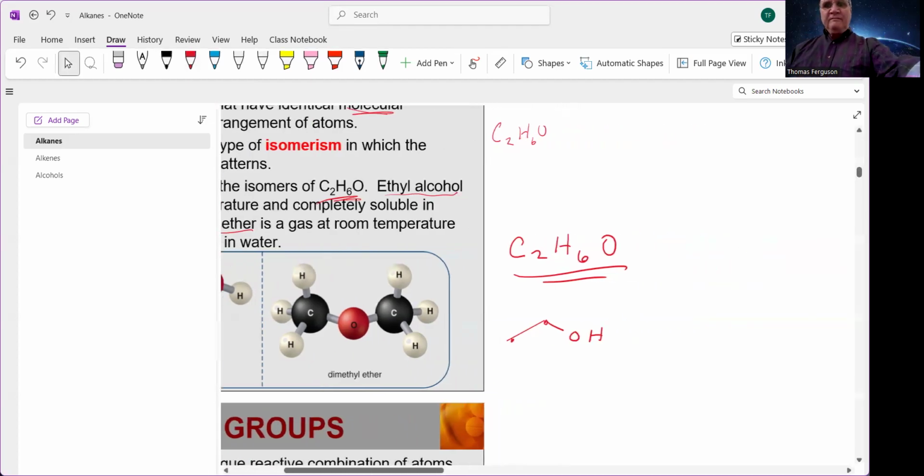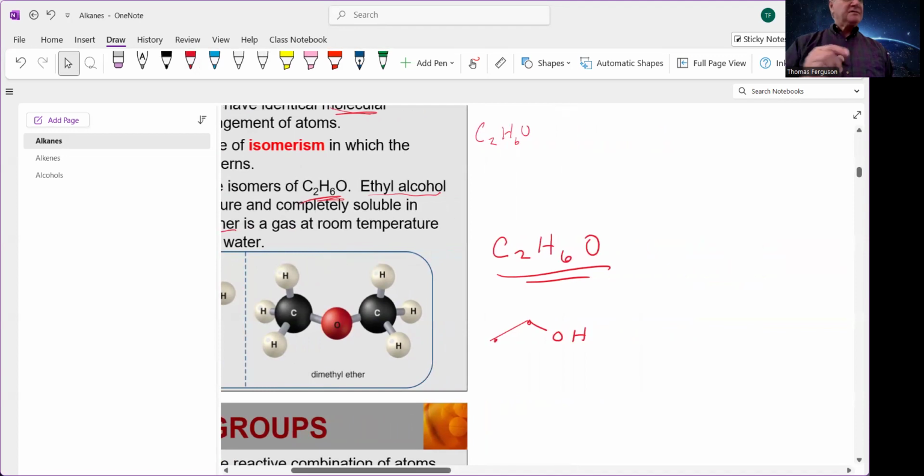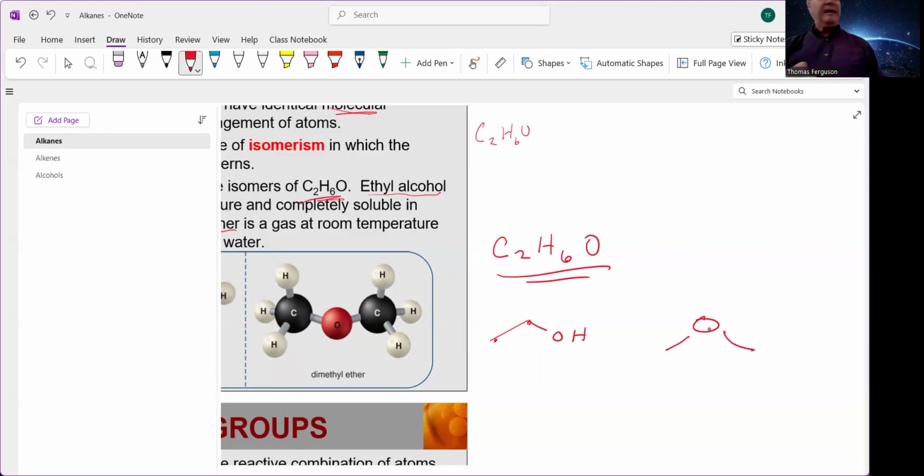So that's one version that fits this C2H6O. Another version looks like that, where we have the oxygen in the middle and two carbons on either side. So carbon, carbon, and it's the same formula, different structure.